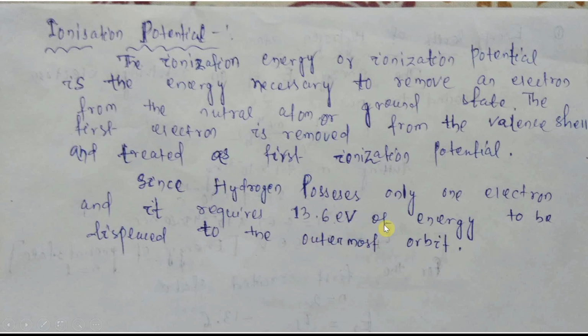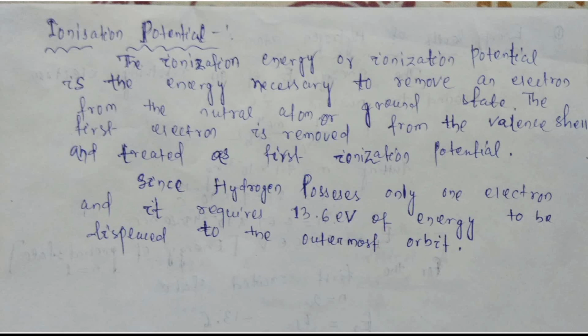In the case of the hydrogen atom, the electron has 13.6 eV of energy, and when we want to remove that electron from the outermost orbit, we require 13.6 eV of energy to displace it from the outer orbit. So 13.6 eV is the ionization energy, and 13.6 volt is the ionization potential.